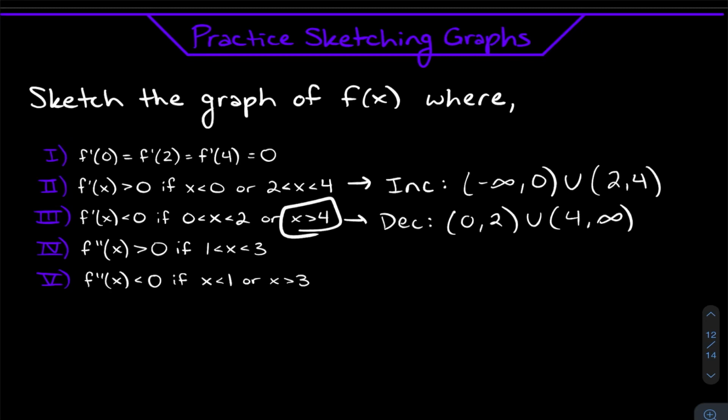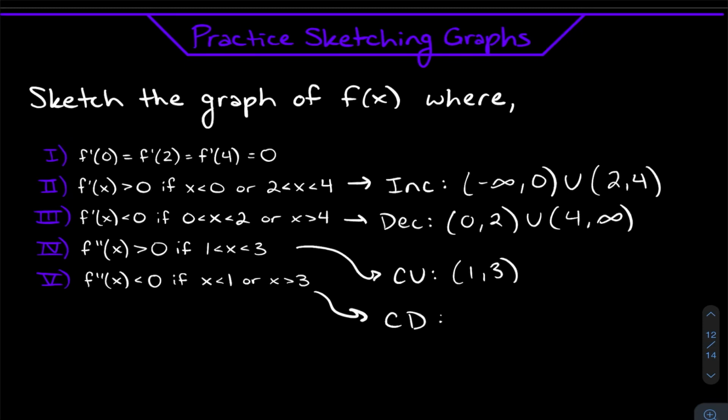Because it's all x's that are greater than 4. Now from the second derivative, we can see where it's concave up, and it's going to be concave up from just 1 to 3. But all the other times, it's going to be concave down, and that's going to be from negative infinity to 1, and from 3 to infinity.